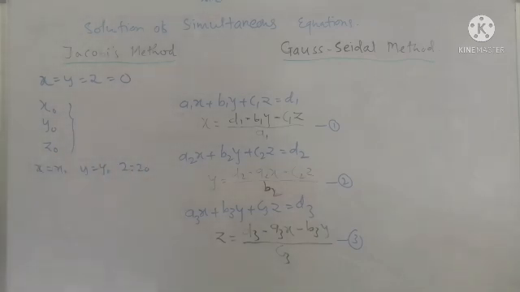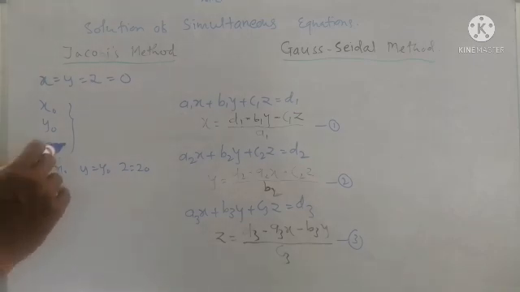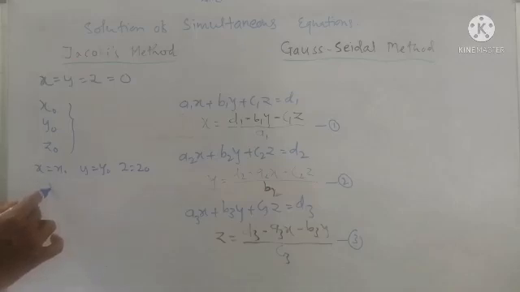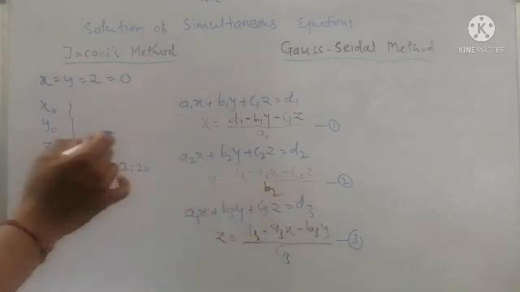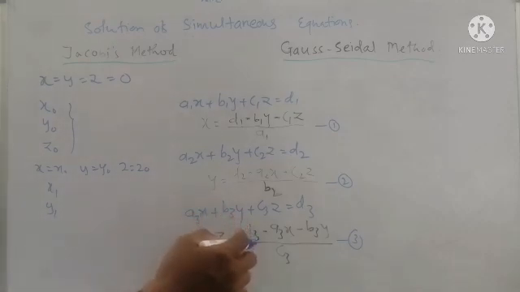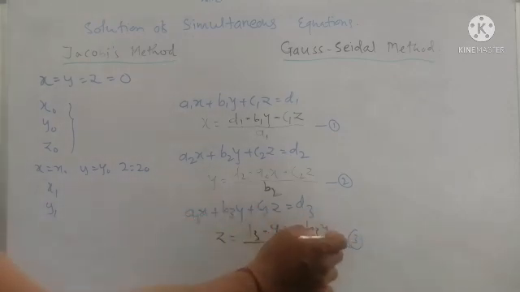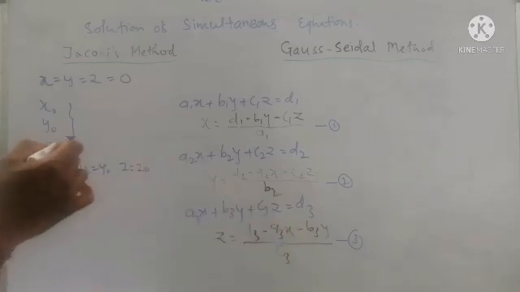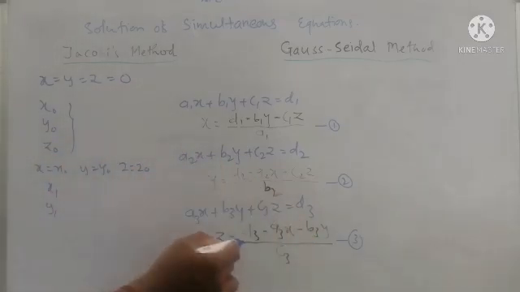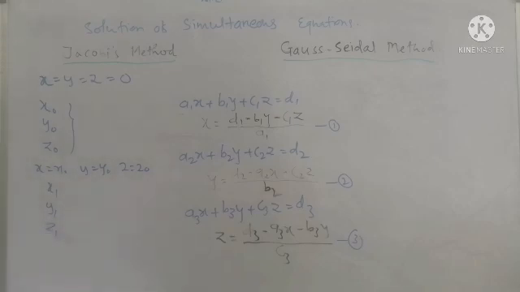To find x we take y and z as y0, z0 in equation 1, so we get the value x1. To find the value of y in equation 2, we take x as x0 and z as z0, so we get y1. And to find z, we use equation number 3 by taking x as x0 and y as y0, and evaluate the value of z as z1.